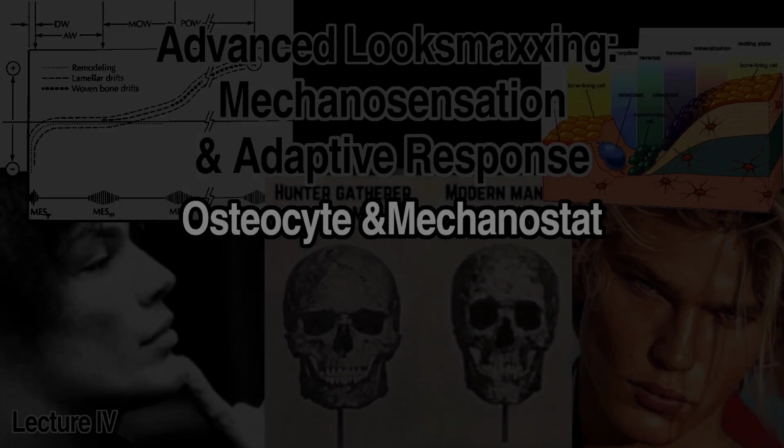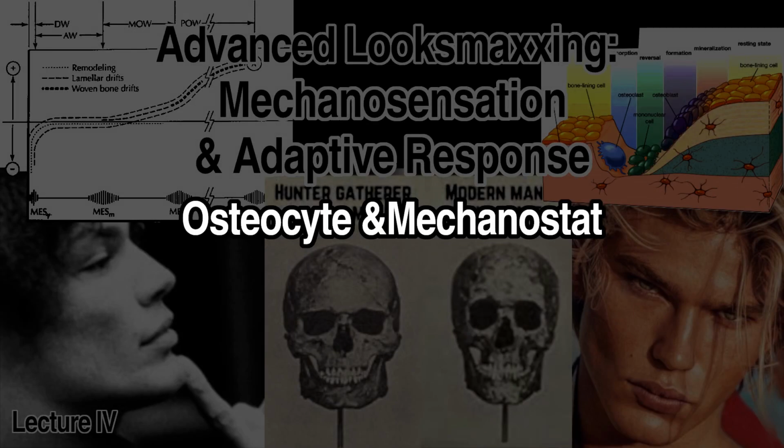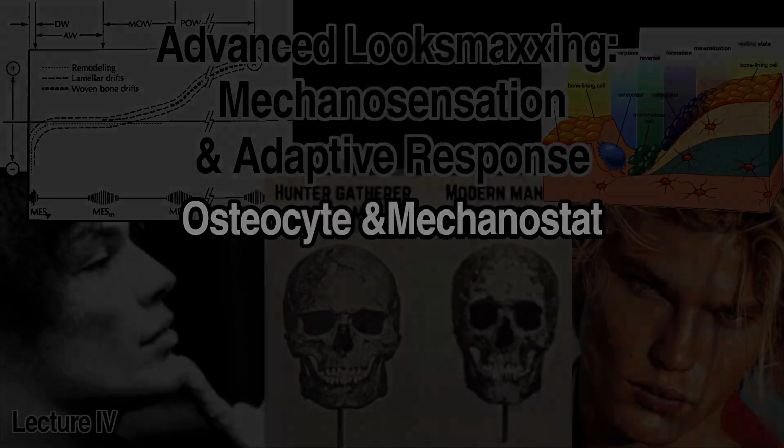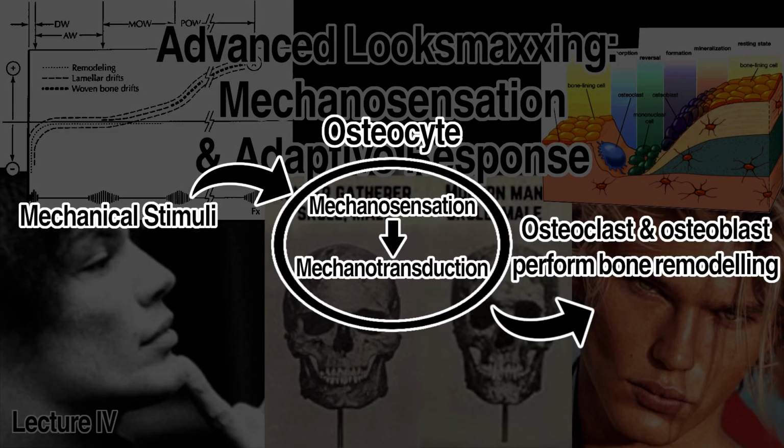Mechanostat is what translates mechanical stimuli, a physical phenomenon, into a biochemical signal that instructs bone cells to remodel the bone in such a way that it gets stronger when faced with the same stress in future. It is performed by osteocytes. It provides your body a capability of adapting to physical circumstances it finds itself in.